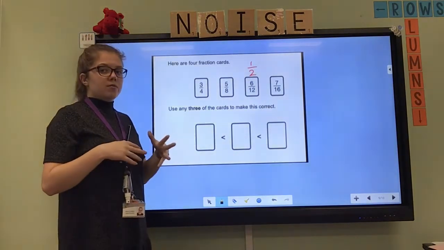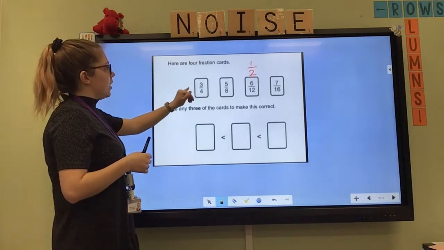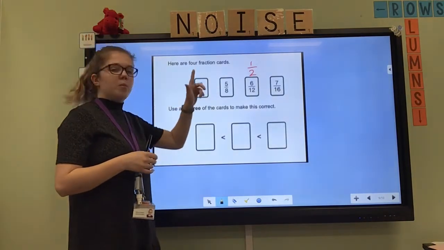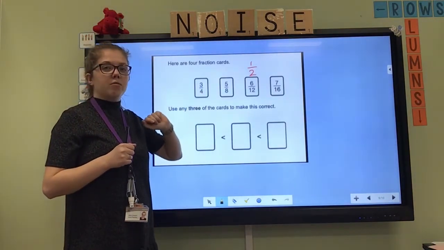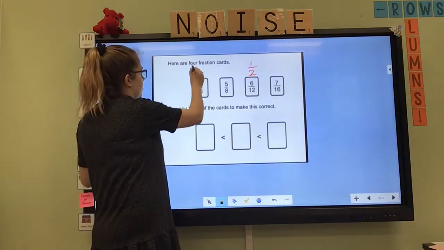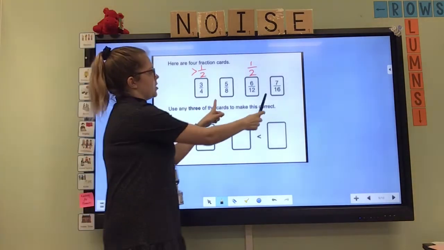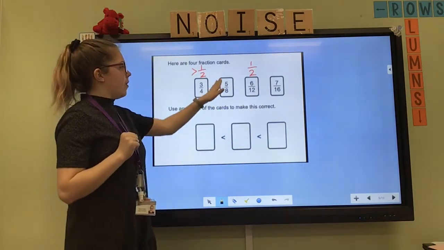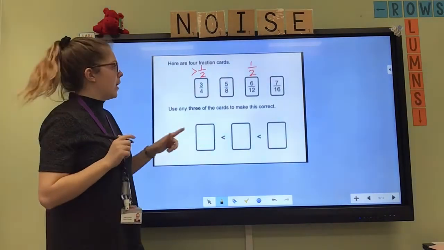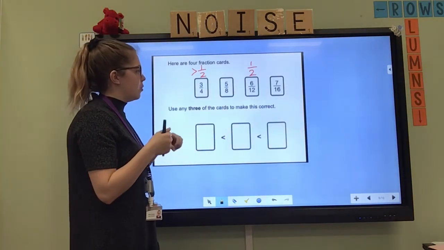Using our knowledge of the simple fractions, sort of halves, quarters, thirds, can you tell me, is 3/4 bigger or smaller than a half? 3/4. It's bigger, isn't it? So that is greater than a half. Now we've got 2 fractions left, but they are 5/8 and 7/16. So now we're going to have to use our knowledge and understanding a little bit more.